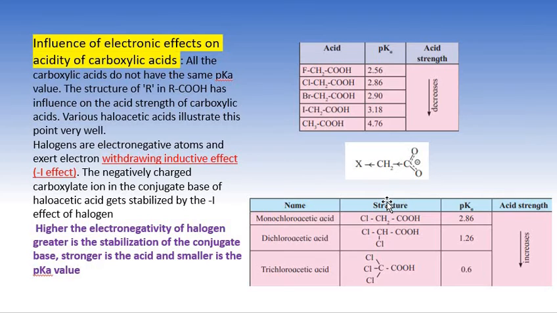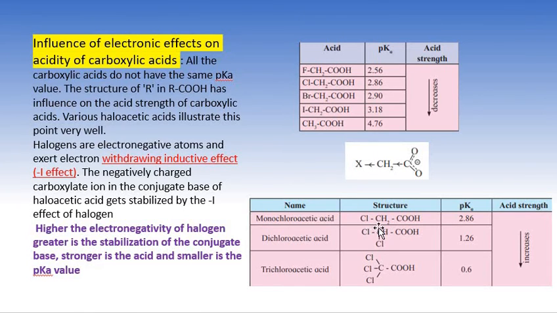It would be the stronger acid, and it has a smaller pKa value. Like see in this table, as the pKa value increases, the acidic strength decreases. Fluoroacetic acid is the most acidic, whereas iodoacetic acid is much less, and acetic acid is less acidic than iodoacetic acid.